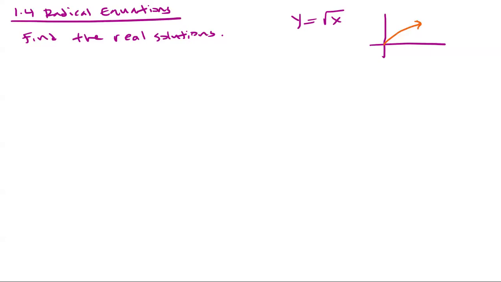Can I plug in any number in for the radical? Which numbers will not work? Negative, right? How about zero? Can zero work? Can I take the square root of zero?